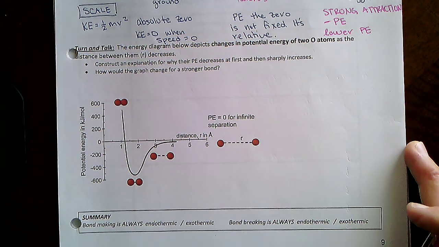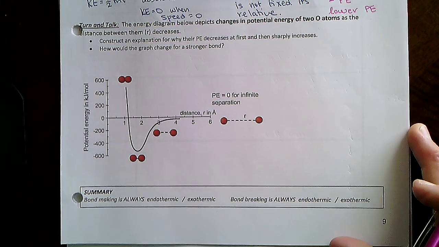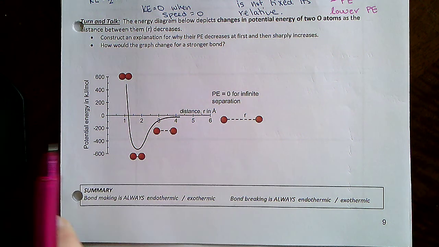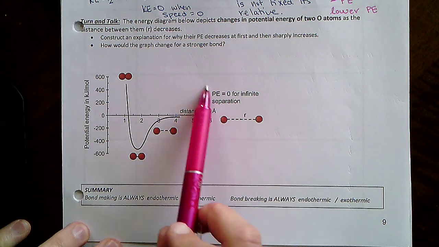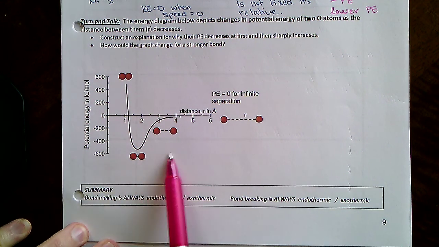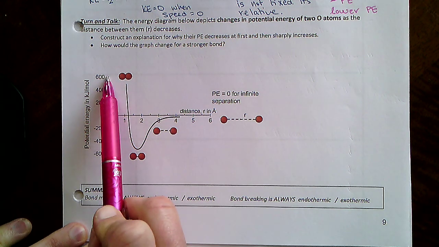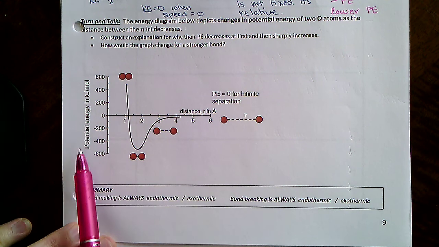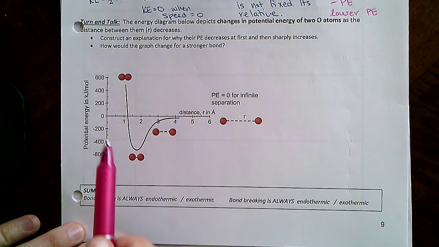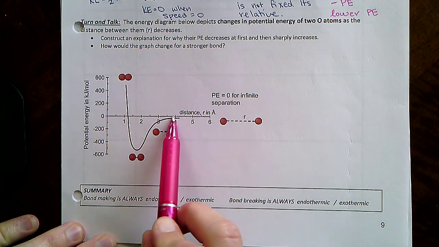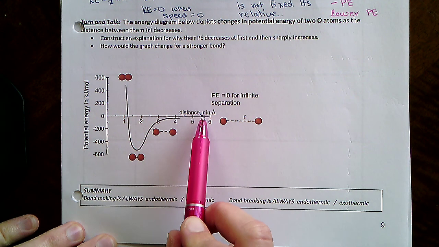If you're with anyone as you're watching this, feel free to actually participate in the turn and talk. What I want you to see is that this is an energy diagram. The scale of the graph is potential energy in kilojoules per mole. The x-axis, notice, is distance r.